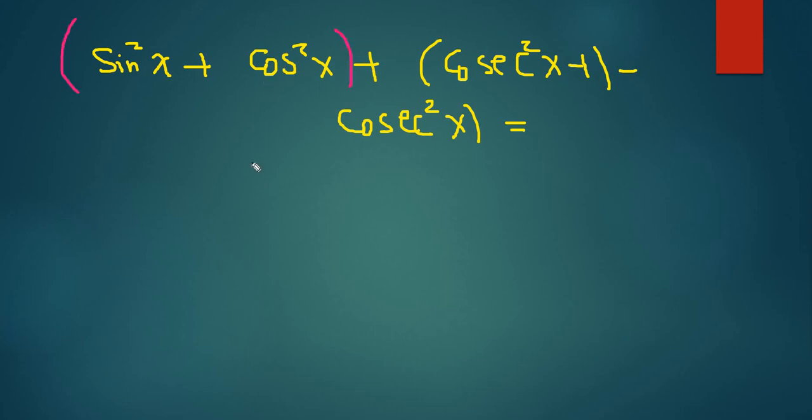We know sine power 2 plus cosine power 2 equals 1.